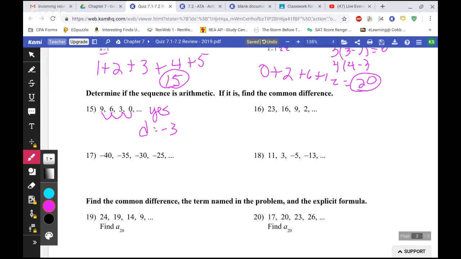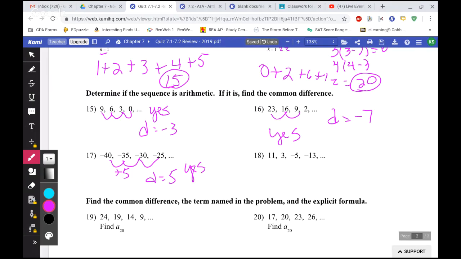And the same here, from here to here and here to here. Looks like we're subtracting 7. Is that right? Yeah. So the common difference is -7, and it is arithmetic. And here, number 17, it looks like we're adding 5. So the difference is 5. Yeah, it is.